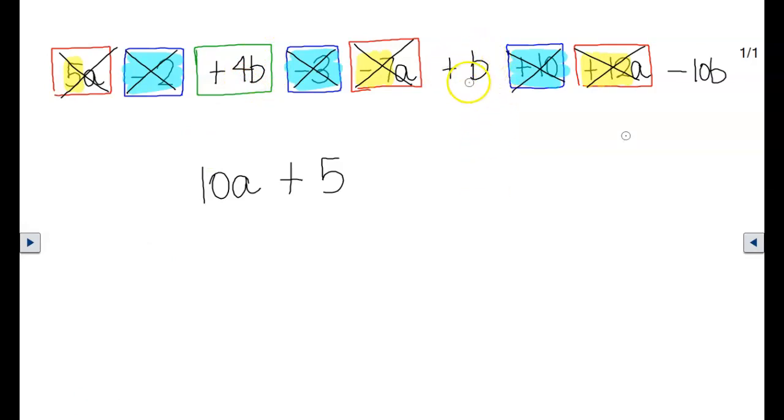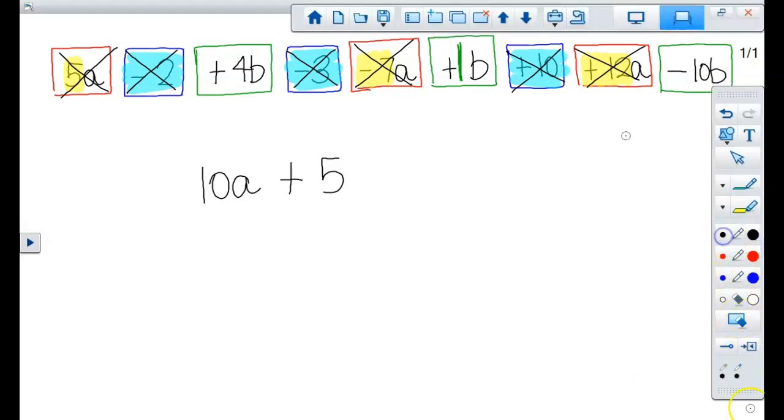This guy has a last name of b. Can you remember what his coefficient is? Because I don't see it. Coefficient should be a 1. And I'm going to write that in there because that'll help me. And then the other term up here that has a last name of b is this minus 10b or negative 10b that we see out on the end.